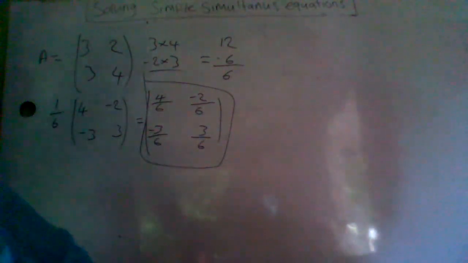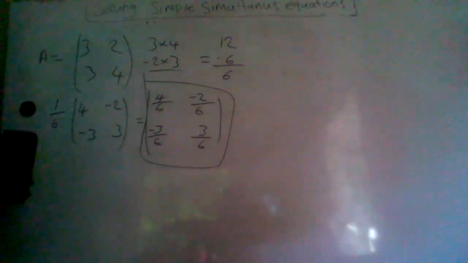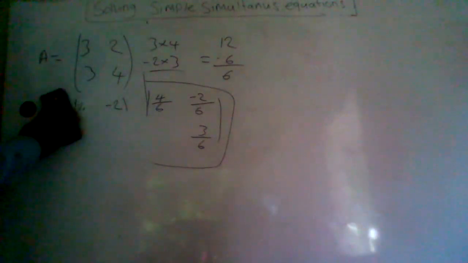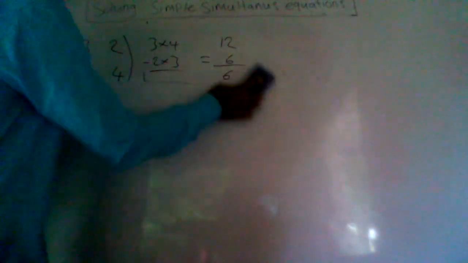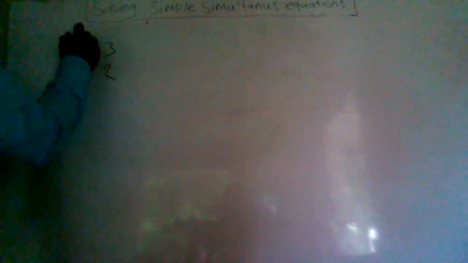So I'll go ahead and I'll show you how to multiply a 2 by 2 matrix by a 2 by 1 matrix, because that's what we'll be doing in solving simultaneous equations using matrix. So say we have 2, 3, 4, 2.